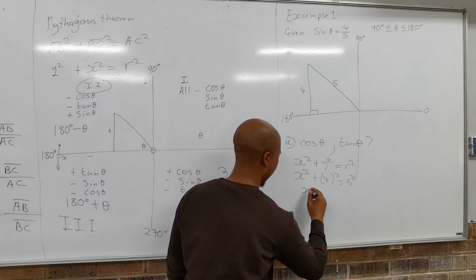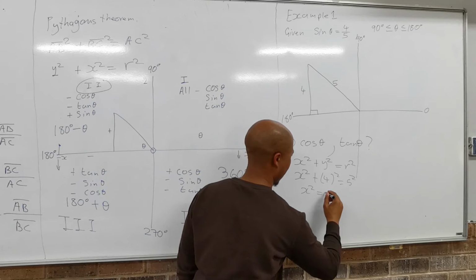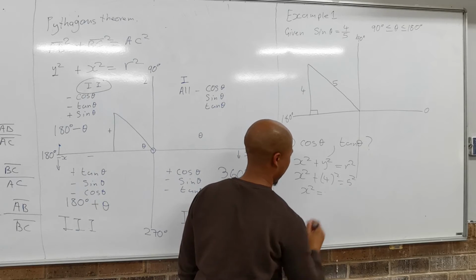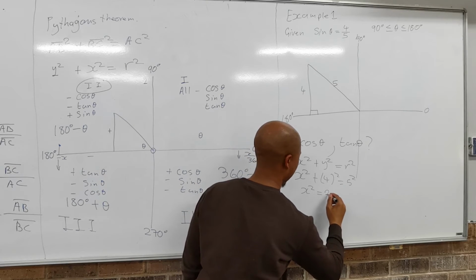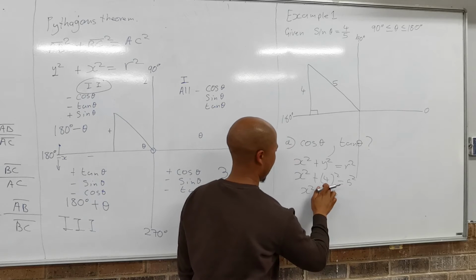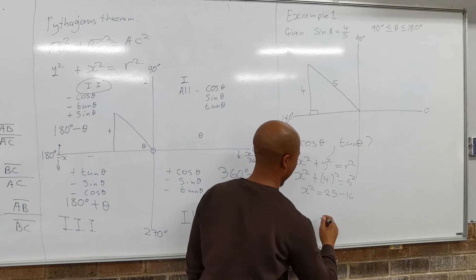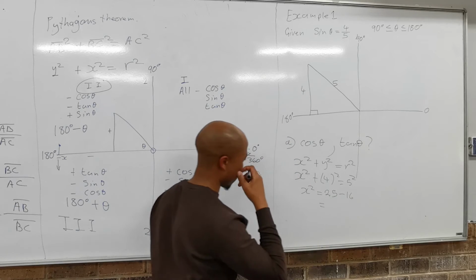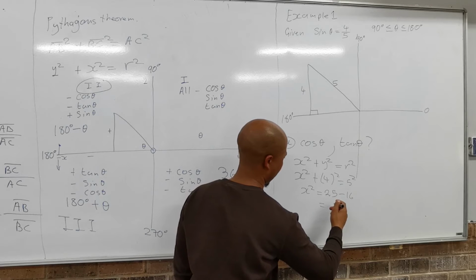Now, we are moving everything to that side. We have 5 by 5, which is 25. This one becomes 4 by 4, which is 16. Therefore, we are left with 9.